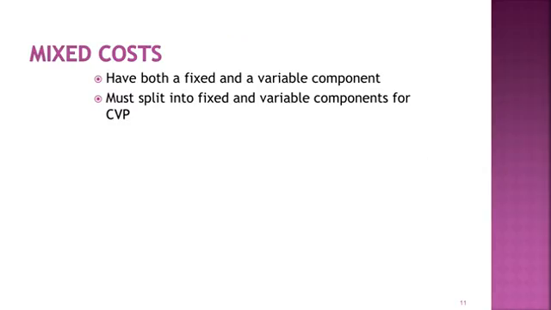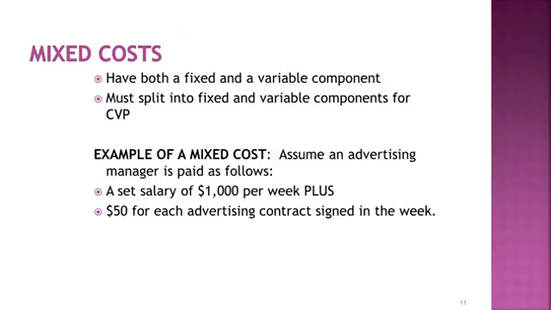Now, the third type of costs that we have are mixed costs, and mixed costs have both a fixed and variable component. When we're using CVP analysis, we have to split mixed costs into fixed and variable components. An example of a mixed cost would be, assume an advertising manager is paid as follows: a set salary of $1,000 per week plus $50 for each advertising contract that is signed in the week.